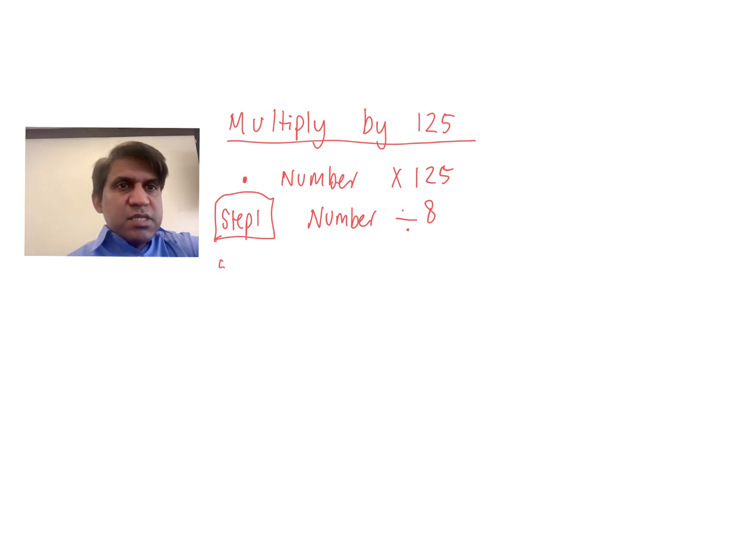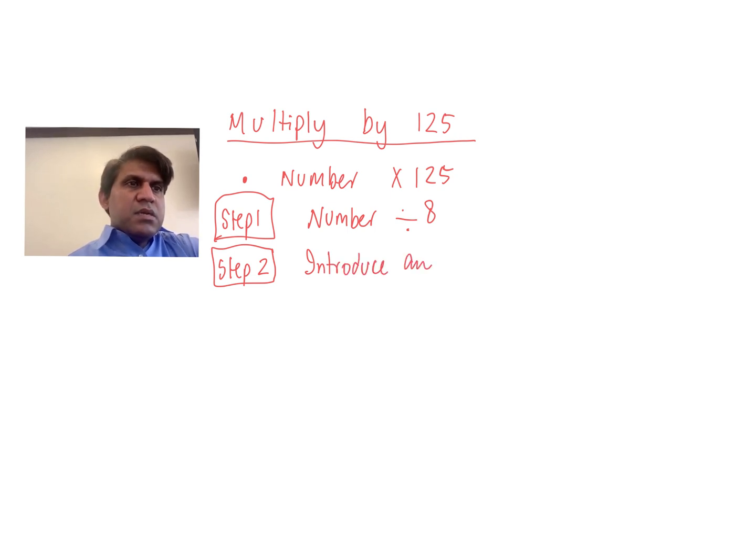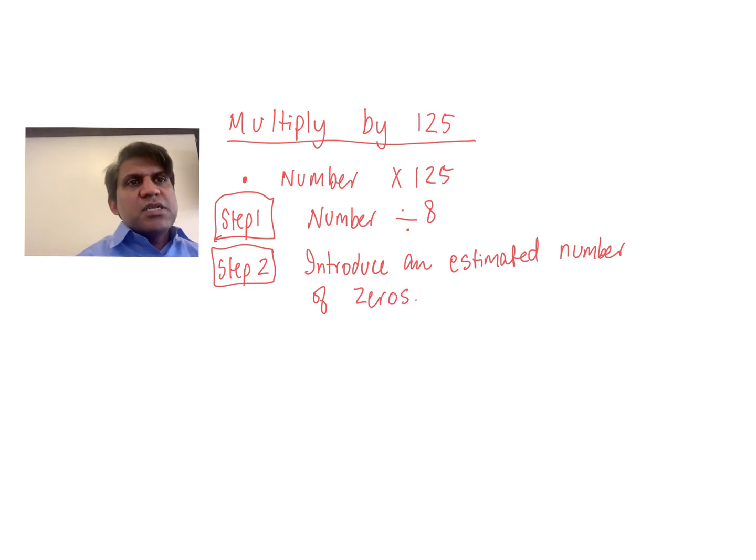Now step two is you introduce an estimated number of zeros. So depending on the question, if you're multiplying something by 125, you can estimate where about the answer would be, and that's what we will be using.